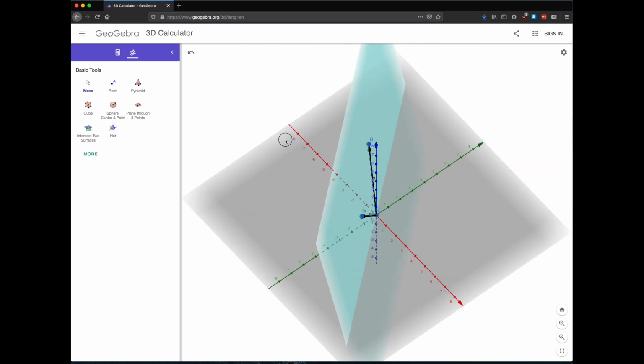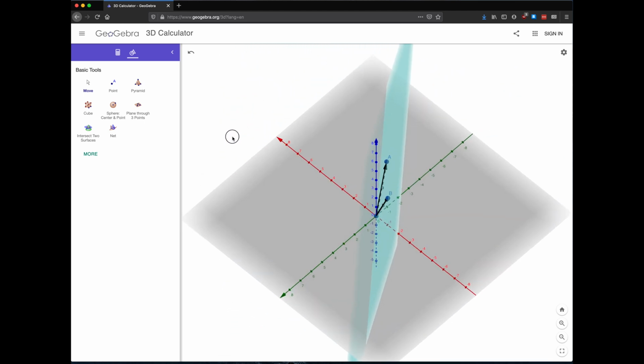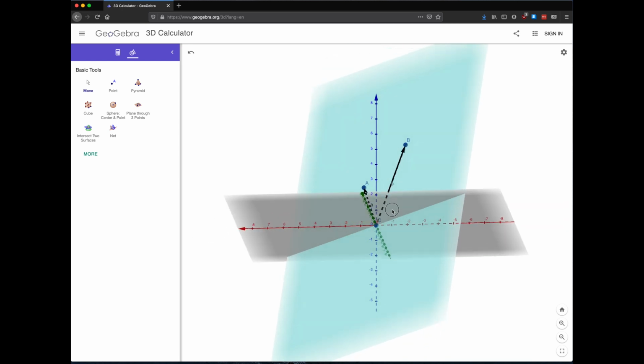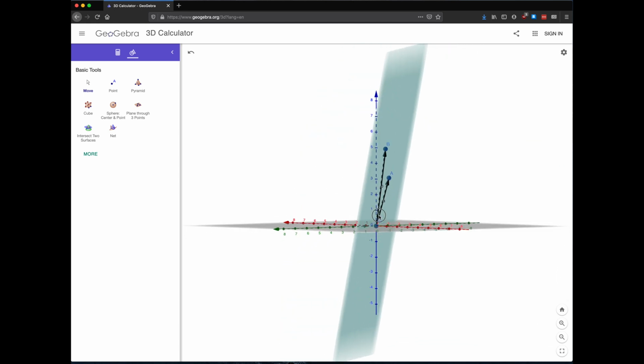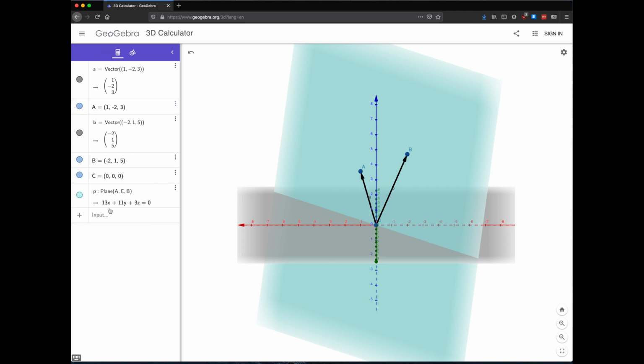Now, I know some people were like, I don't understand why we're doing this cross product. Here's why we're doing a cross product. What is GeoGebra doing when it finds this plane? When it finds this plane, it's computing the cross product and getting an equation for the plane that would go through these 3 points, which will have a normal vector.